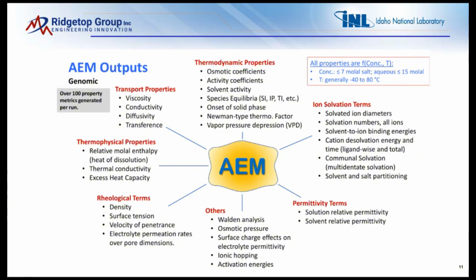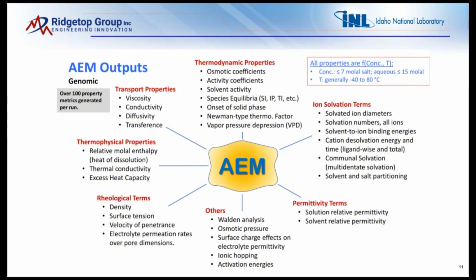Next, going clockwise, the ion solvation terms are based on the molecular scale. And that's where we see things like solvated ion diameters, solvation numbers for not only just the cation, but for the anion, solvent to ion binding energies, and things like cation desolvation energies and times are handled through a ligand-wise process.